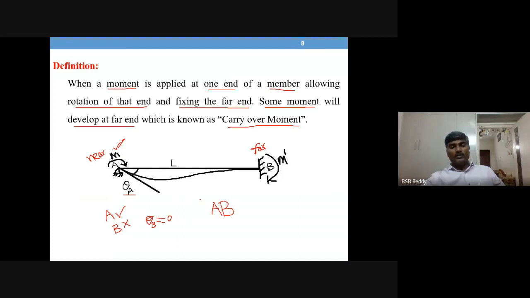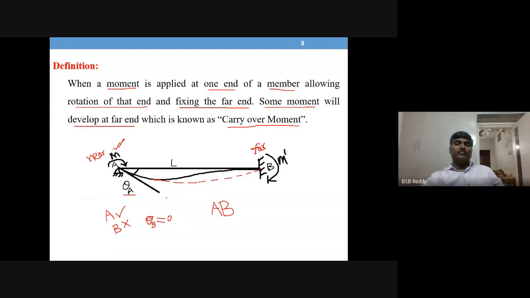So what happens when the far end is fixed? You will have a reaction. You have applied a moment here, so you are trying to rotate this end. If that is not fixed, that should also rotate.